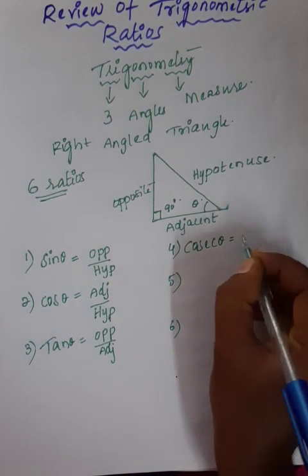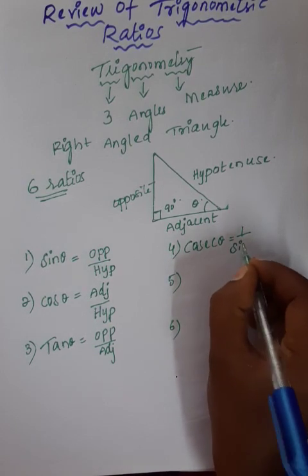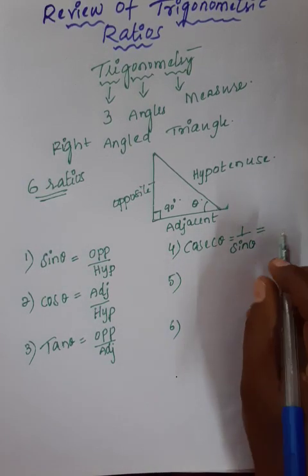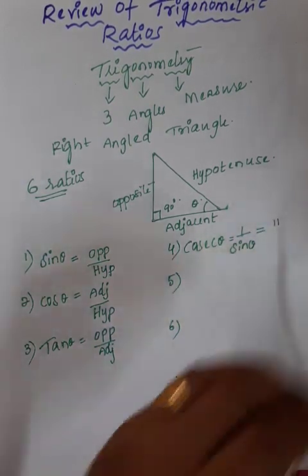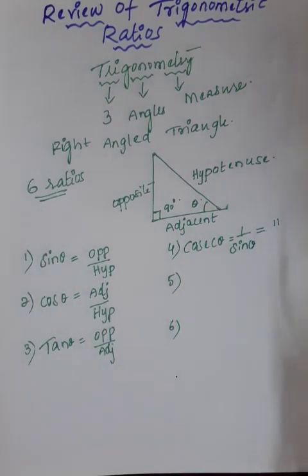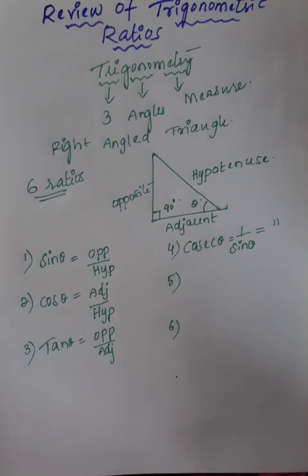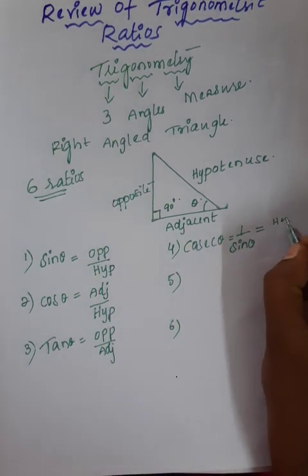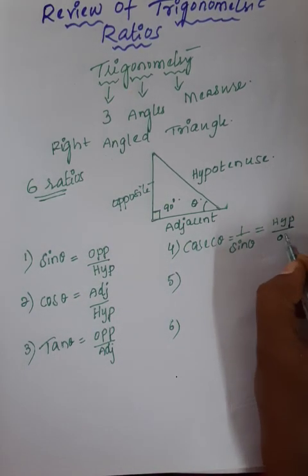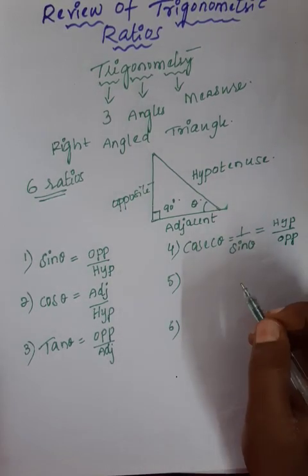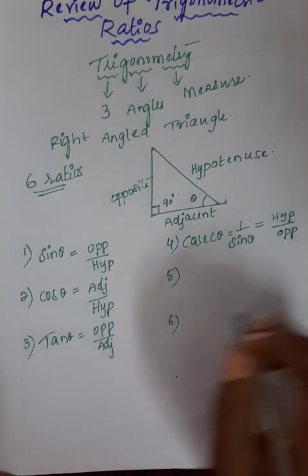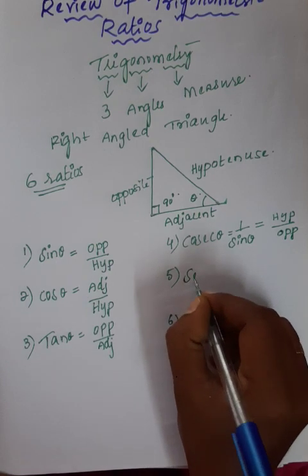Cosec theta equals 1 by sin theta, which is equal to hypotenuse by opposite side.